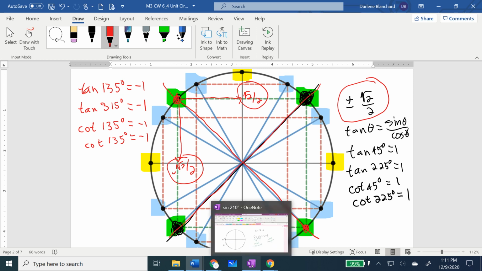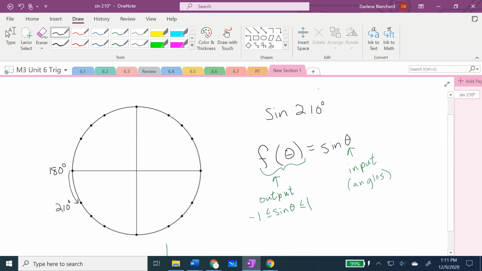Now I'm going to go back over to where I was and actually do one entire problem. So we found 210 degrees. The sine of 210 degrees is exactly the same thing as the y-coordinate of this point. If you're familiar with the position that 210 is among the unit circle, then you're aware that you have these three negative y values.